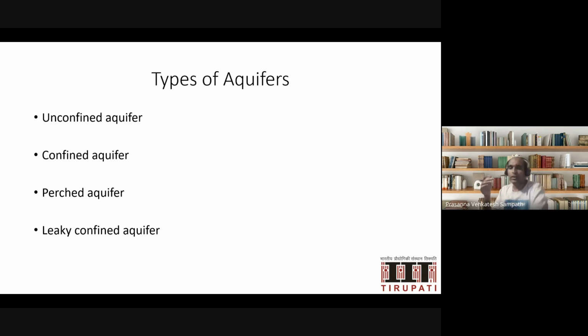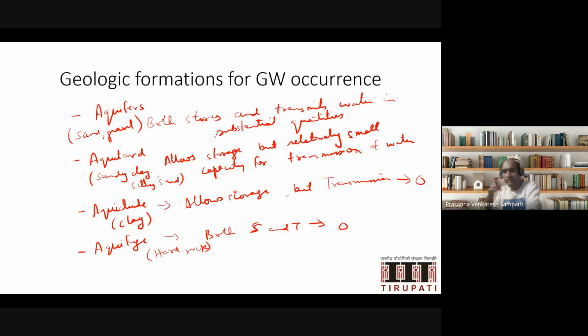So that's why we were talking about this distinction. If you are in a place where there's only hard rock, even sandy clay which gives very little water is better compared to hard rock. So there, sandy clay will be called an aquifer material in that context.